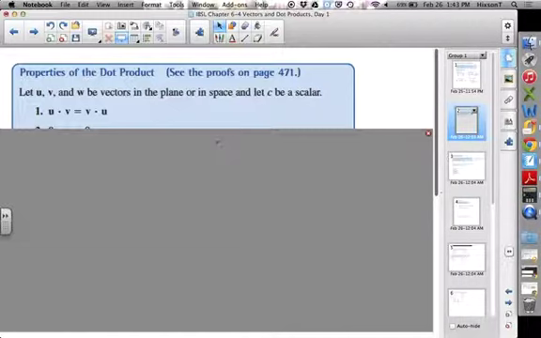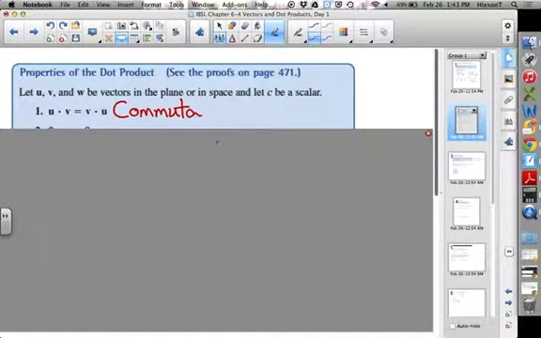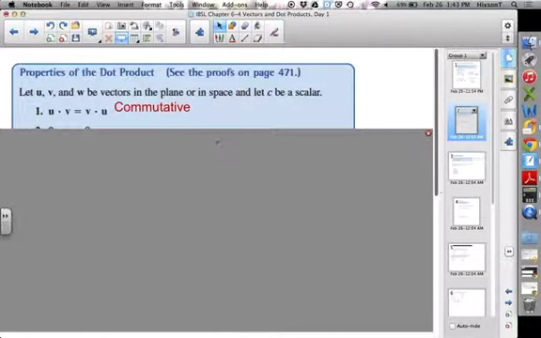But here, if we have u dot v that equals v dot u, what is that an example of? Commutative. Yeah, that shows that for the dot product, the commutative property works, okay? Remember we said that if the order doesn't matter, then that is the commutative property.